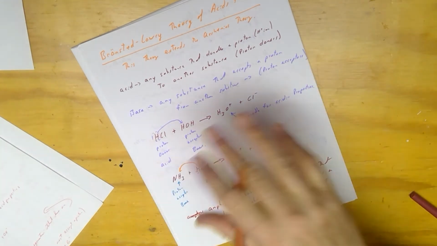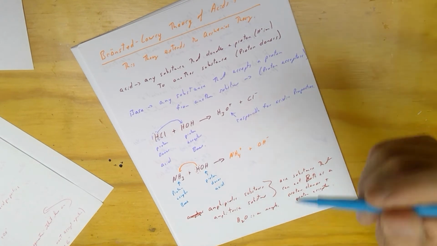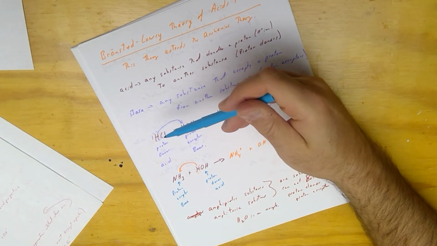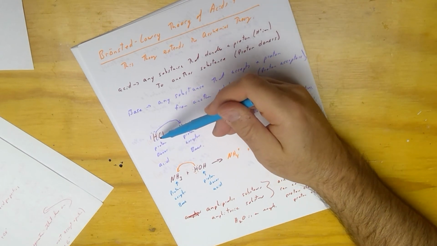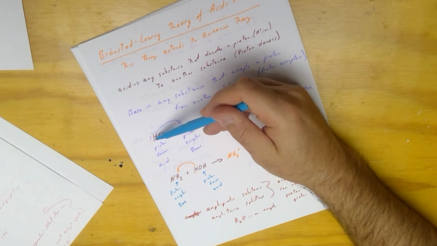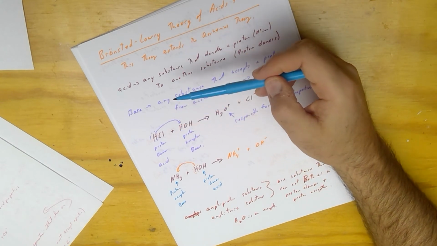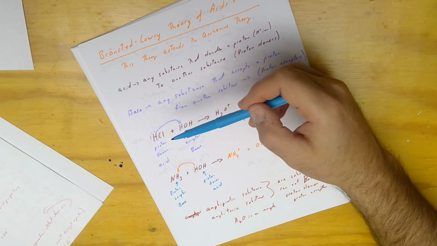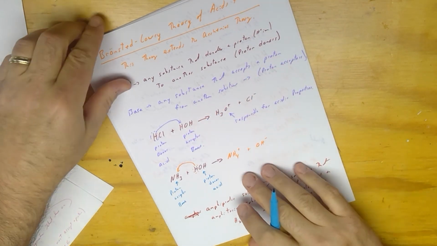Good. Now I want to go back and look at these again. In Bronsted-Lowry theory, if there is an acid in the equation, there also has to be a base, because something is donating a proton and something else has to be accepting that proton. So in Bronsted-Lowry theory, there is always an acid and a base in the equation. So let's go ahead and write that.